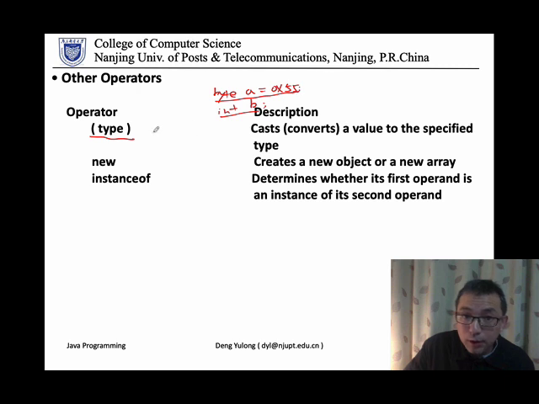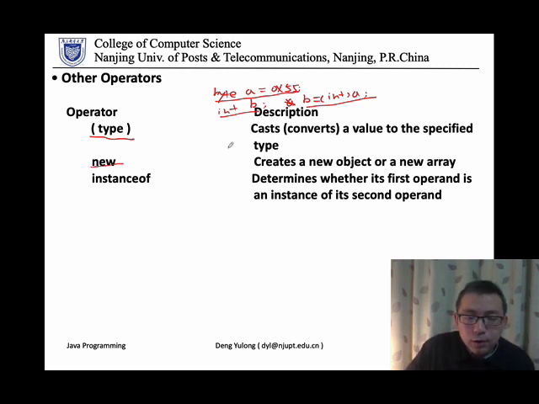We use this cast operator to do the casting. We put this type inside the parenthesis. It's int, which means we convert a byte type to an integer type. This is what cast means.